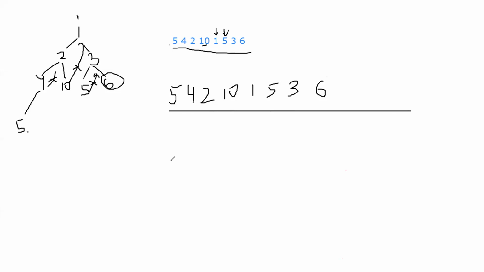Is the predecessor of 6 equal to 3? Sorry, 6 is the successor of 3, it's not the predecessor. But the question is, when I'm at 6, if I try to find the predecessor, what will happen?